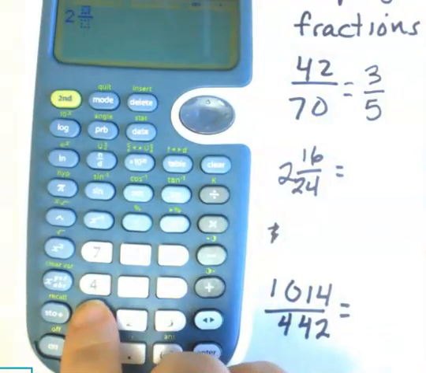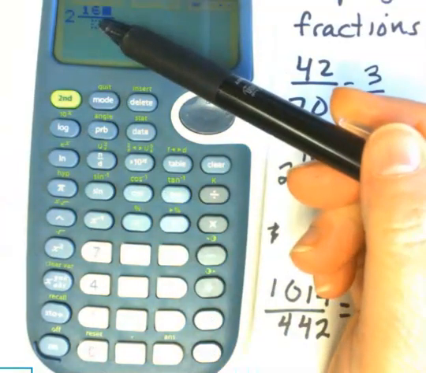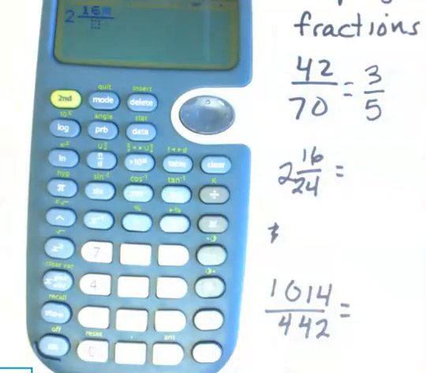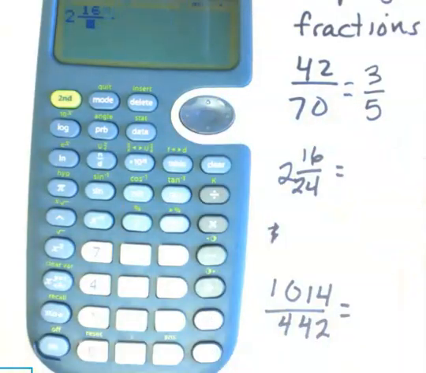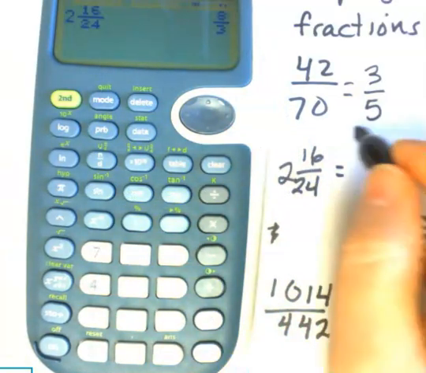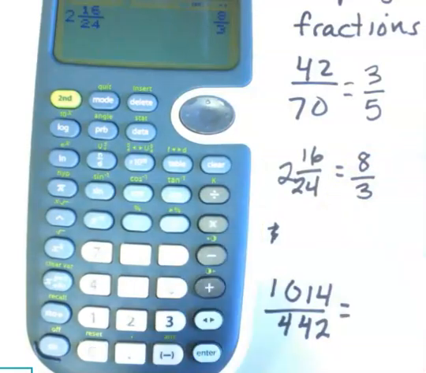So I'm going to type in 16 in my numerator, and how do I get down so I can put 24 in the denominator? I'm going to use these arrow keys. So I press an arrow to go down, and I type in 24. At this point, I can press enter, and the calculator will tell me the simplified version of that fraction. That is the fraction 8/3.